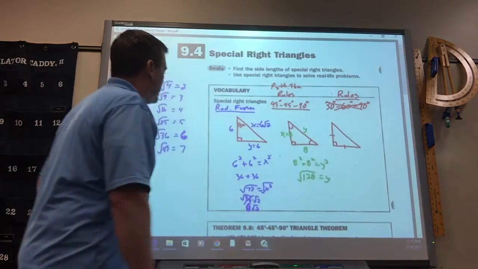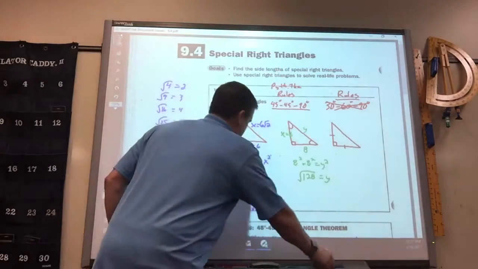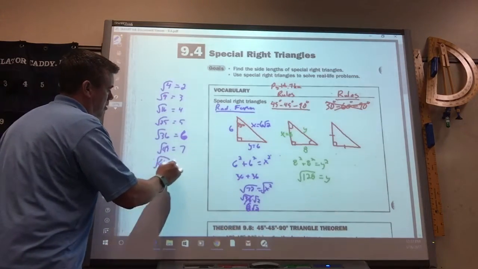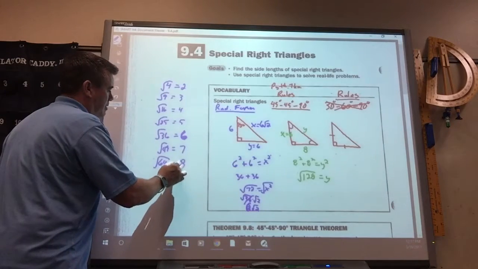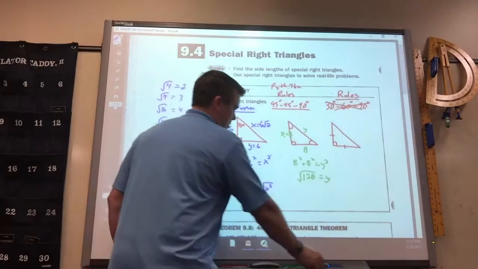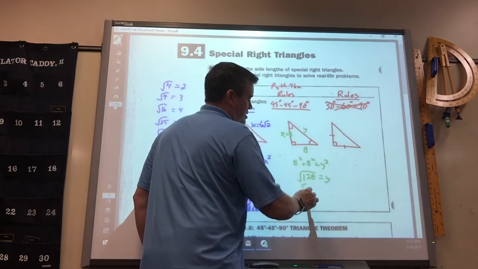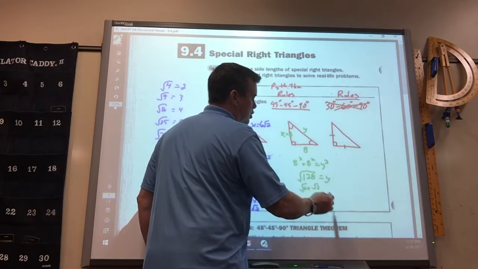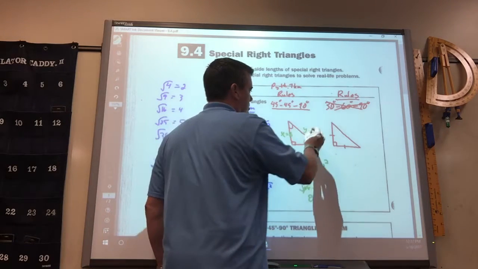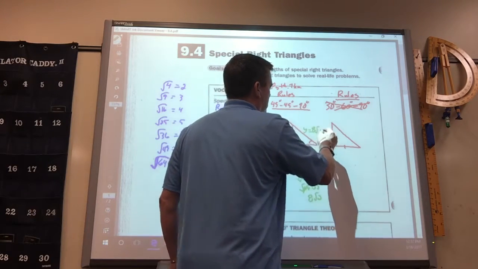So you've got to square root that. Any idea which perfect square goes into 128? The square root of 64 times 2, which simplifies to 8 square roots of 2. Okay?